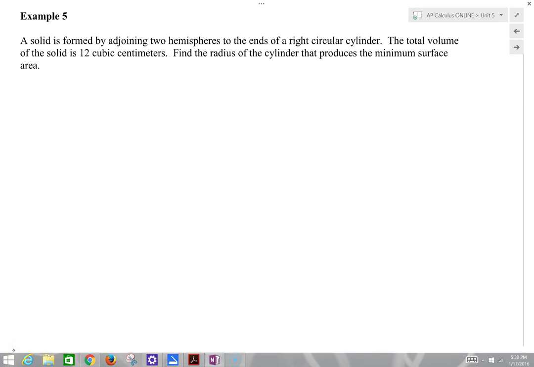So we're going to talk about minimizing the surface area of this solid that is formed by adjoining two hemispheres to the ends of a right circular cylinder. Okay, so we're going to minimize surface area. That's what we're going to do.